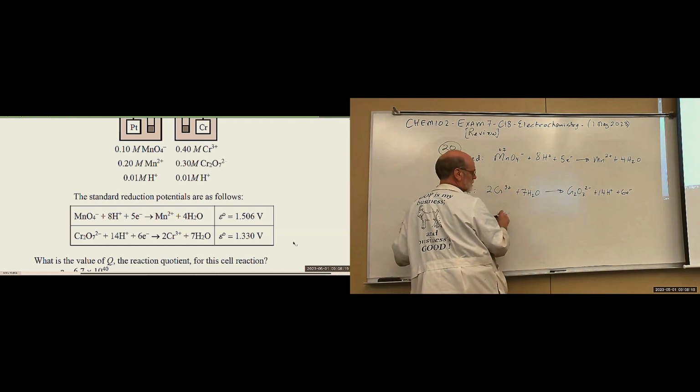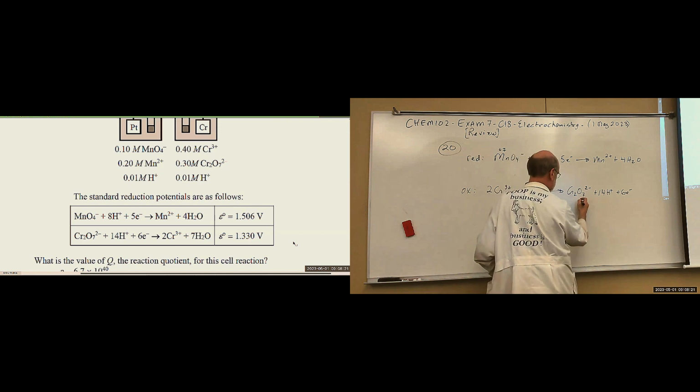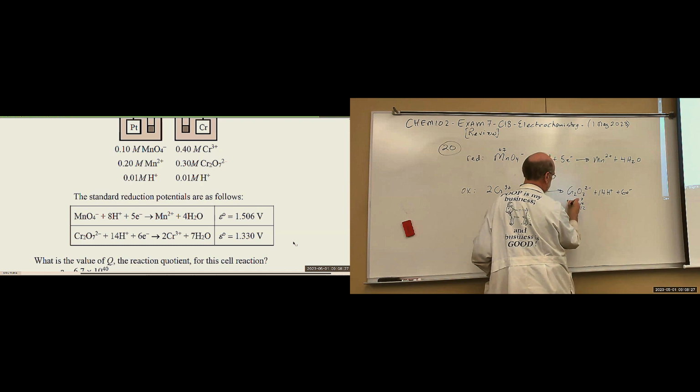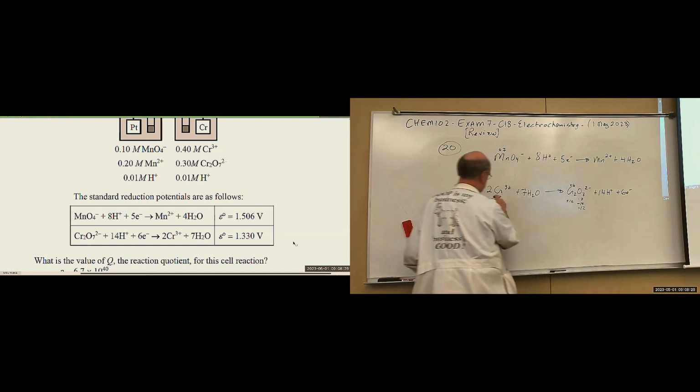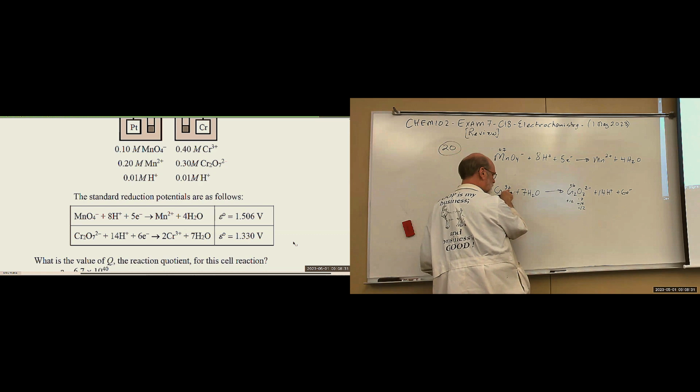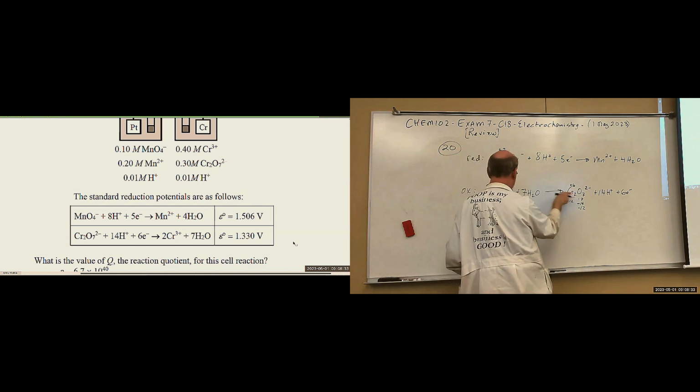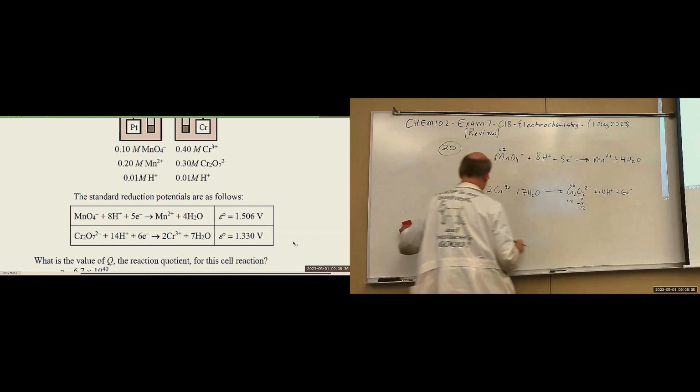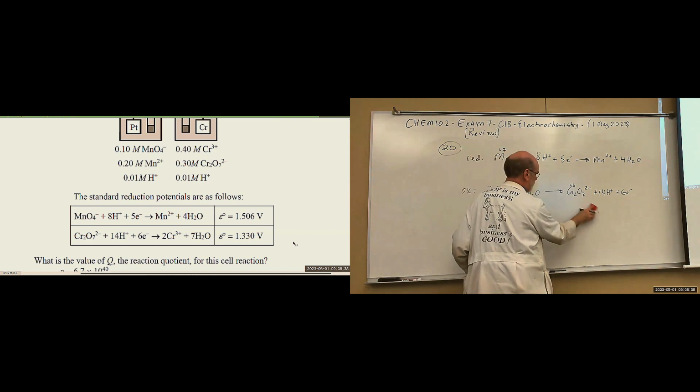And this one, let's see. -2, -14, -12. 2 of these is plus 12, so it means plus 6. And we need to lose 3 electrons for each one, and there are 2 of them. Okay, that's good. I'm satisfied.